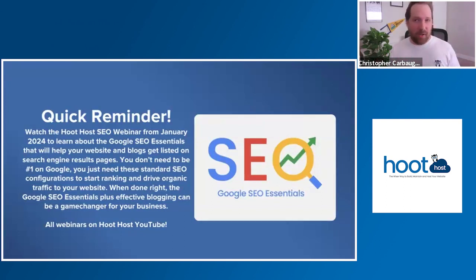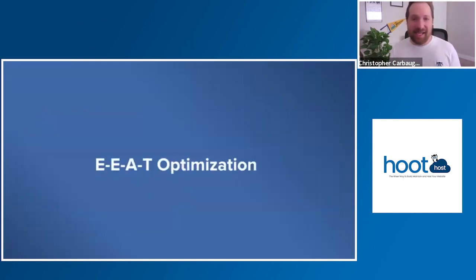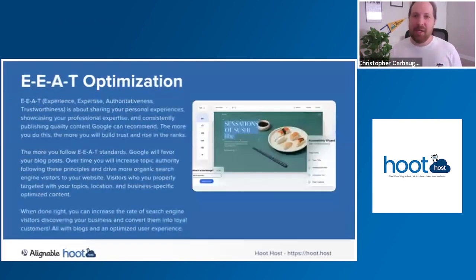All right, so a big part of that is our next topic here, which is EEAT optimization. This is one that goes over a lot of business owners' heads, so I thought it was really important to focus on this and drive it home with everyone. EEAT is an acronym that was created by Google, and it's basically how they interpret your content.